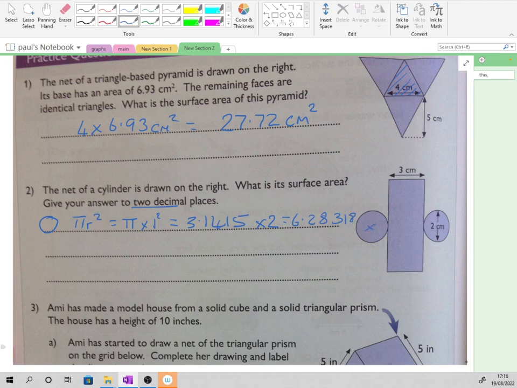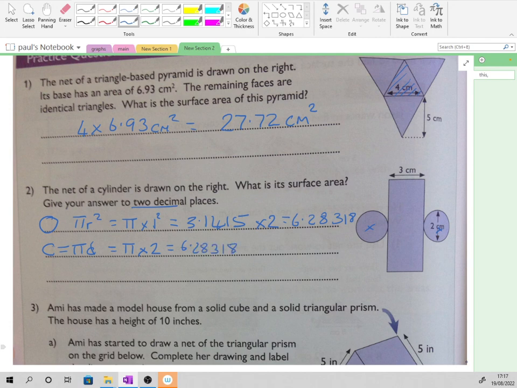They're the 2 circles. Now we've got to do 3 times something, and that something is the circumference of a circle. So circumference equals pi d, pi times the diameter, 2. 2 pi is this number, isn't it? 6.28318.